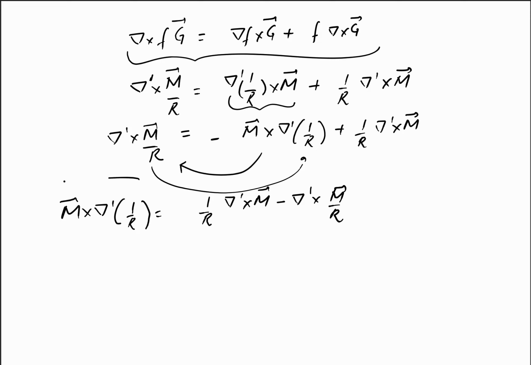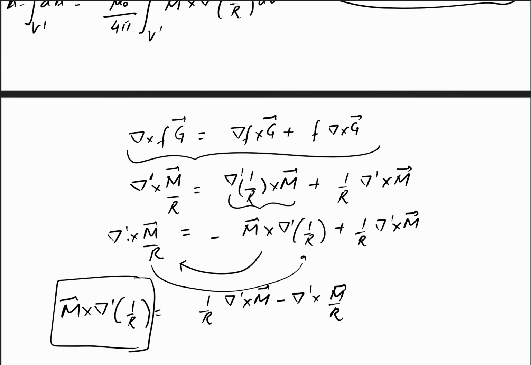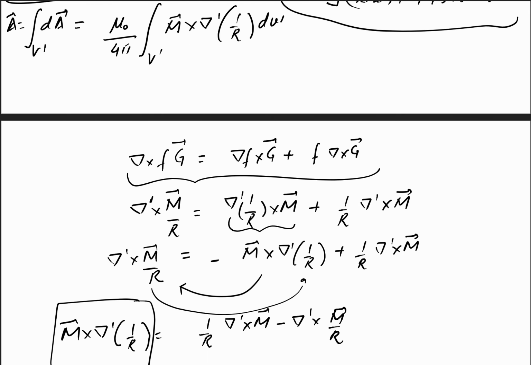So I will put the value of this M cross del dash 1 by R in the equation of the magnetic vector potential.